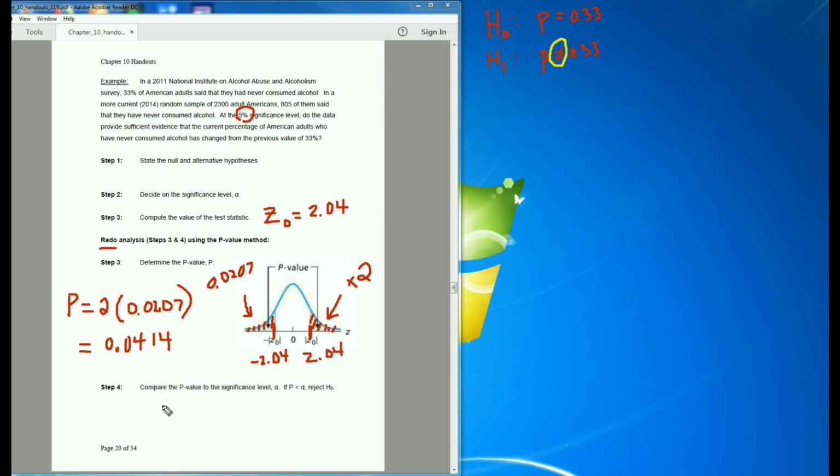And then step 4, compare the p-value to the significance level. If p is less than alpha, reject the null. So the question we are asking is, the p-value, which is 0.0414, is that less than the significance level, which is 0.05?